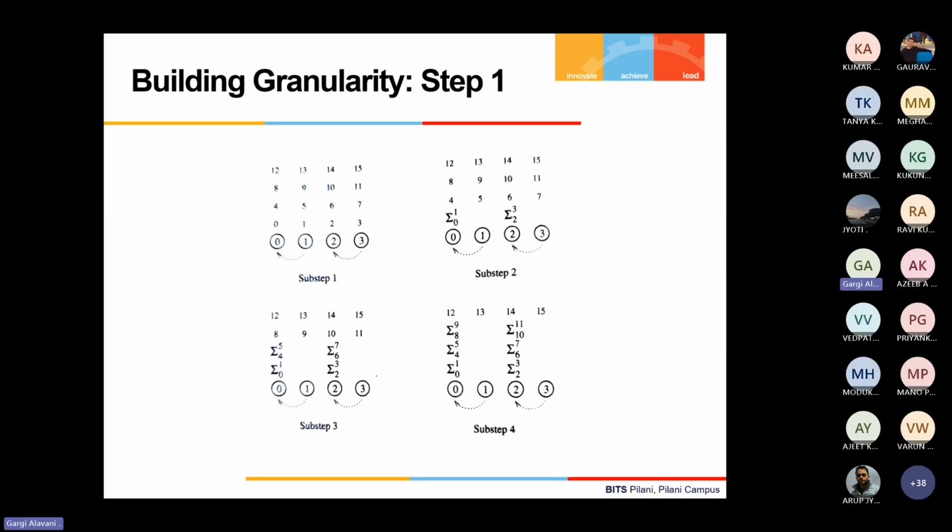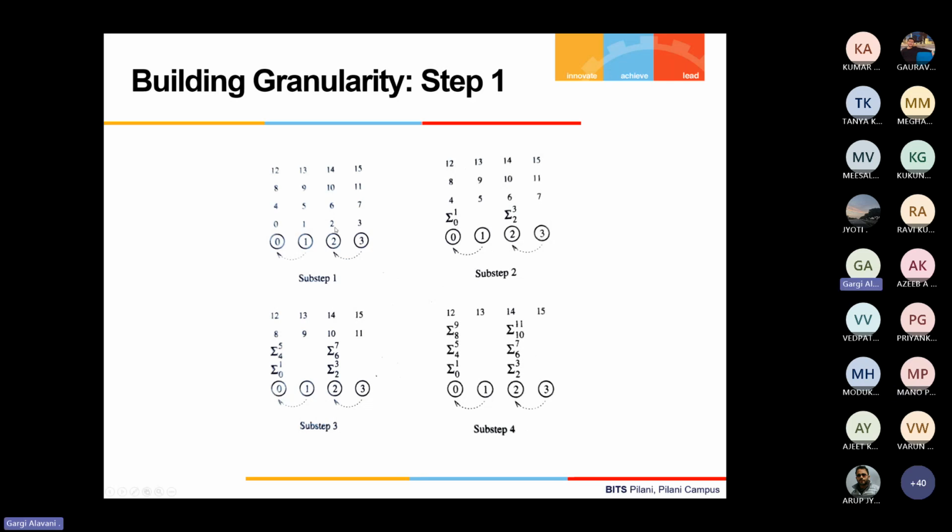What is happening here? We had n processes last time to do the addition. What are we doing now? We have taken 4 processes for 16 elements and we divided the elements between these 4 processes. Now each processor is responsible for doing the addition. The first processor is doing the addition of 0 and 1.